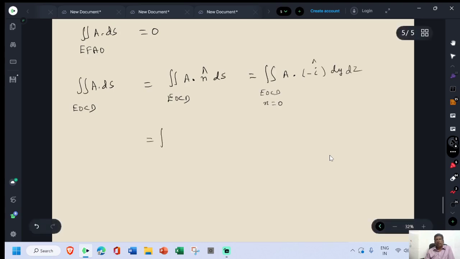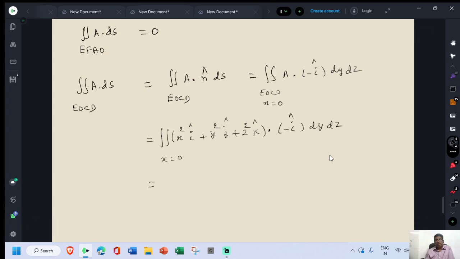This is equal to x square i plus y square j plus z square k dot minus i dy dz. Here x equals 0. i dot i is 1, therefore x square dy dz.